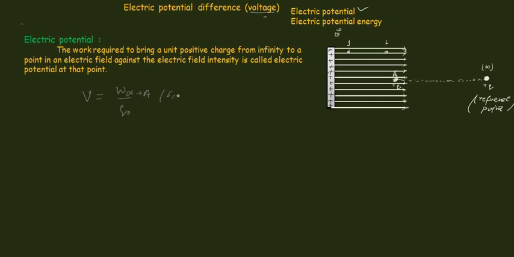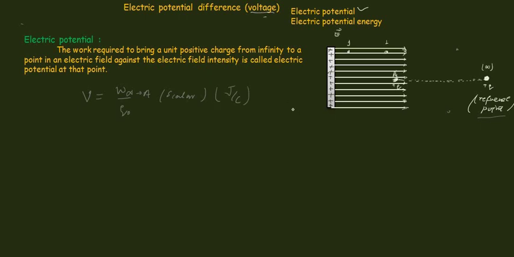One important point about the reference point is that we can choose it anywhere outside this electric field, here or here. There is no effect on this positive test charge in bringing it to point A. And the unit of electric potential is joule per coulomb.